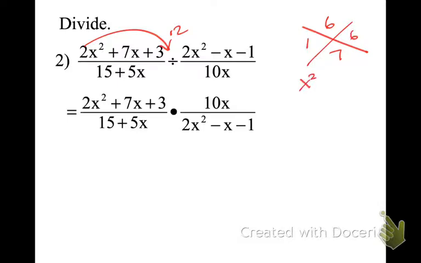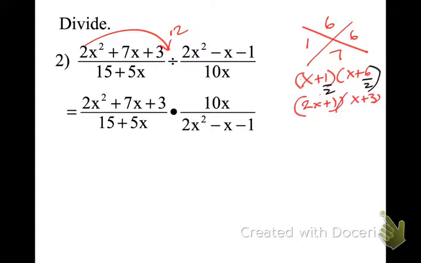I'm going to go right to my x plus 1 times x plus 6, but remember we multiplied by 2. I have to divide by 2, so this now becomes 2x plus 1 times x plus 3.